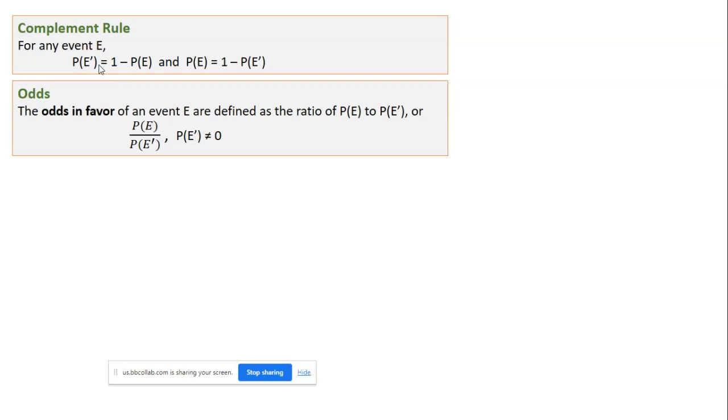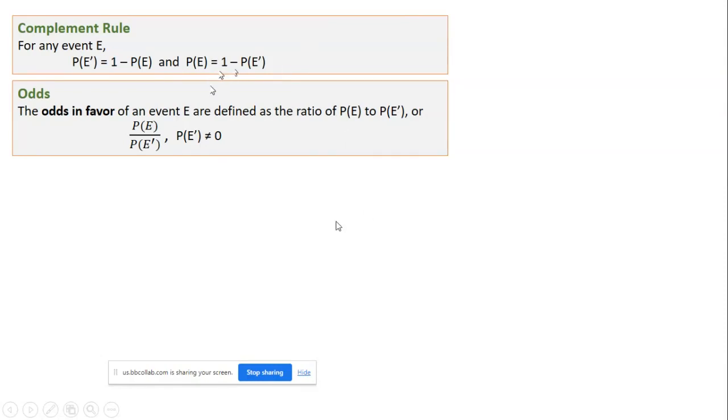So that would be 90, right? So there'd be a 90% chance that it's not going to rain, right? This is how you would do it. This is what's called the complement rule. And to do the complement rule, you do 1 minus the probability of the event, okay? So you can rewrite it as 1 minus the probability of the event not happening, okay?